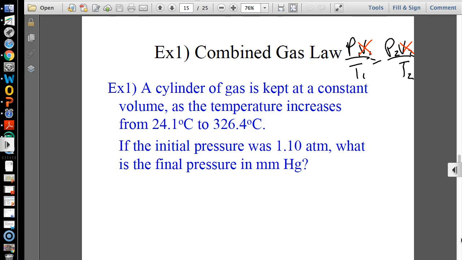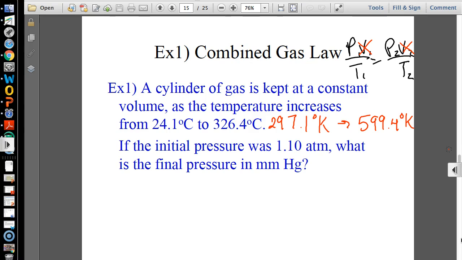So 24.1 plus 273 is 297.1 degrees Kelvin. Then 326.4 plus 273 is 599.4 degrees Kelvin. Have I blown your mind yet? Are you okay? Everybody fine?